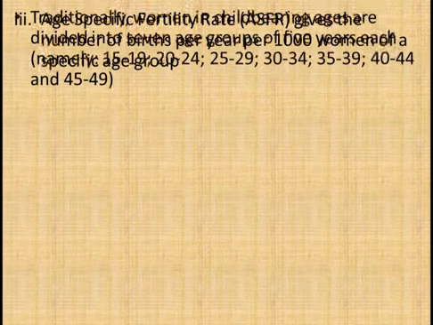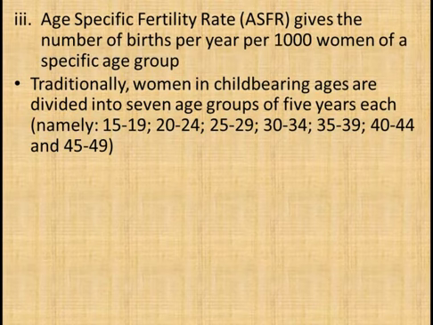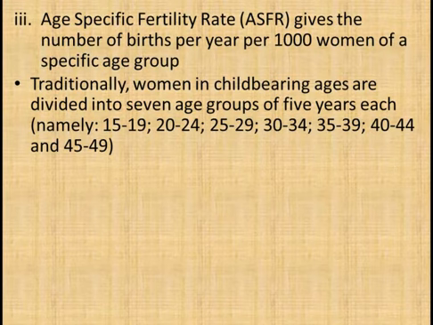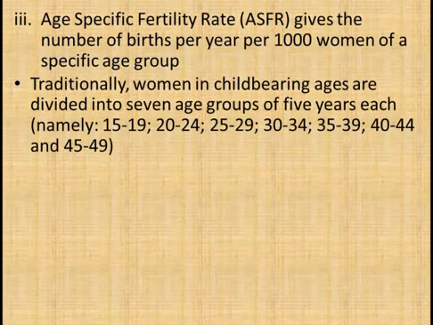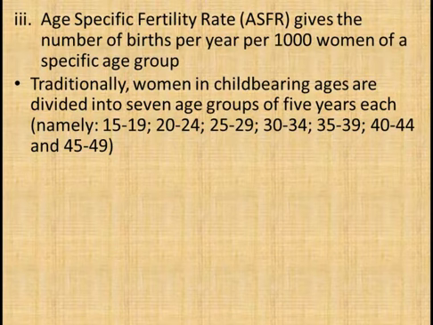Traditionally, women in childbearing ages are divided into 7 age groups of 5 years each, namely 15 to 19, 20 to 24, 25 to 29, 30 to 34, 35 to 39, 40 to 44, and 45 to 49.